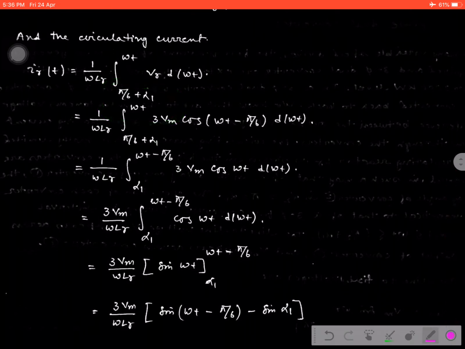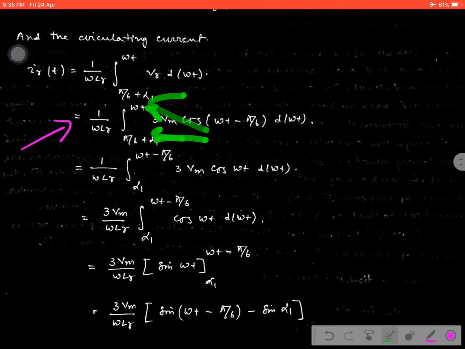It's a simple simplification part, that is the next step. In this step, we have changed one thing. We know that the instantaneous voltage difference is 3 Vm cos(omega t minus pi by 6), as I discussed before, and we can change the term omega t plus or minus pi by 6 with respect to the limit.